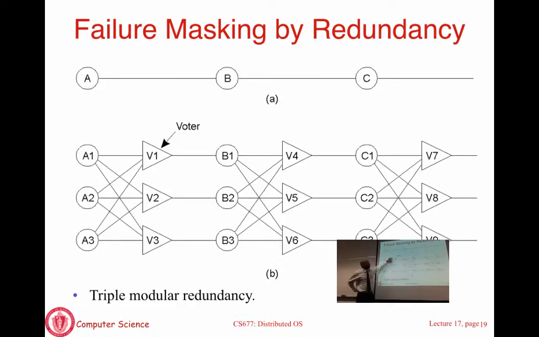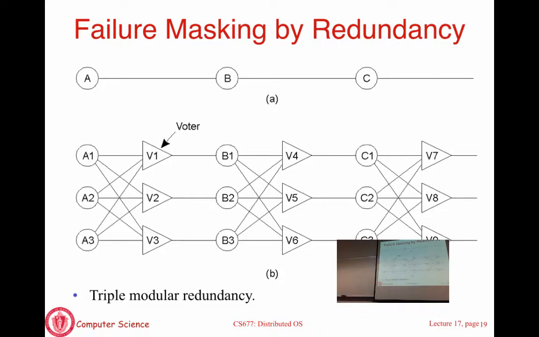So if one voter fails, that means the next stage's component is going to get a garbage value, but the other 2 voters are fine, so these 2 will be fine, and so on. In this case, no matter what happens, if one component fails in each stage of the pipeline, the circuit as a whole is still going to function. So this circuit can handle 1 fault per stage, by stage meaning either stage A or the voting stage for A, B, and so on and so forth.